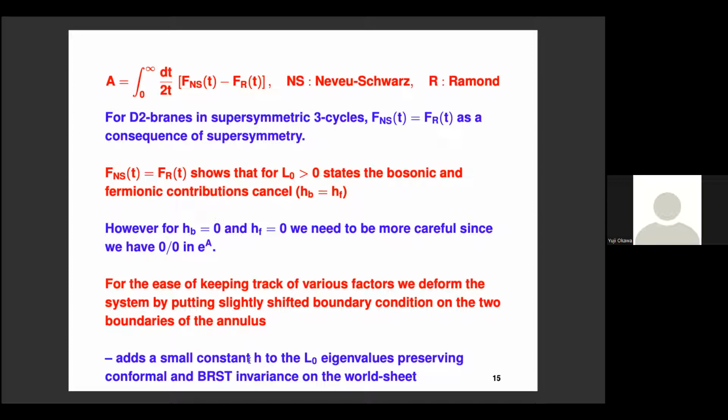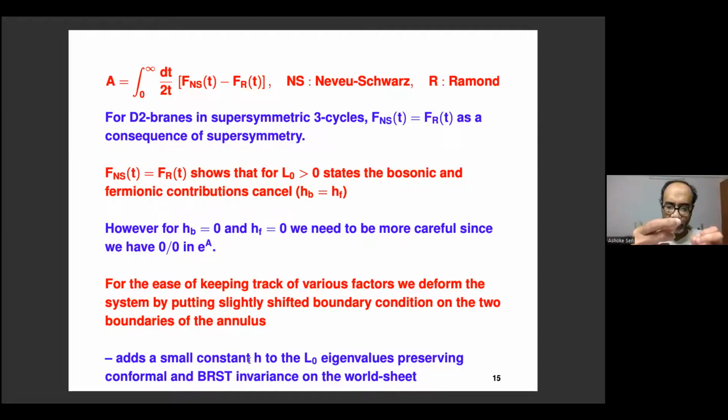I see. Yeah, I think I need to think about this, but thank you. Yeah, you can think of it another way. If you take a pair of these D strings, then the spectrum of open strings going from one D string to another D string is identical to the spectrum of open strings going from one D string to the same D string, as long as the D strings are coincident.